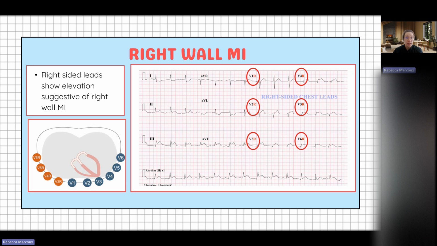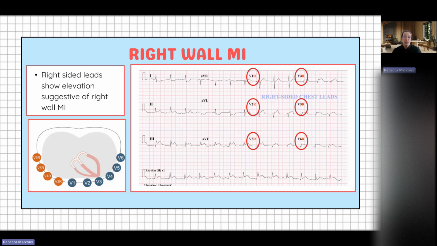So we have elevation in lead 2, lead 3, and aVF, which we know is an inferior STEMI, which is probably what signaled this person to do the right-sided leads in the first place. Then with our right-sided leads, you can see ST elevation in V1R, V2R, V3R, V4R, V5R, V6R.